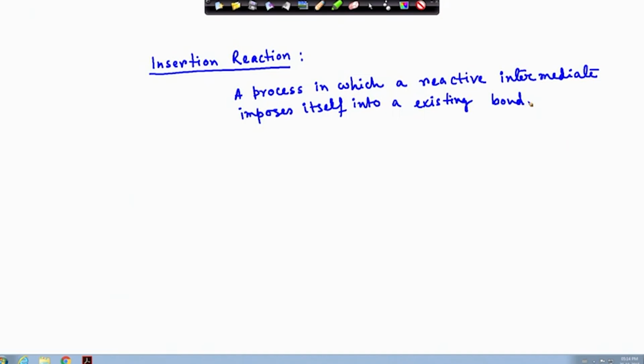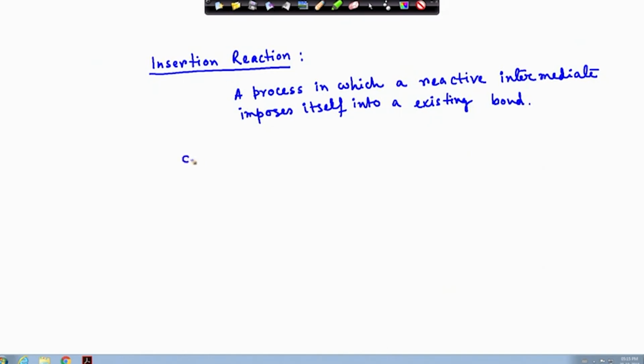And as we know, carbenes are in general highly electron deficient, so it wants a pair of electrons to fill up its octet. That is why these types of reactions are very common with carbene species.